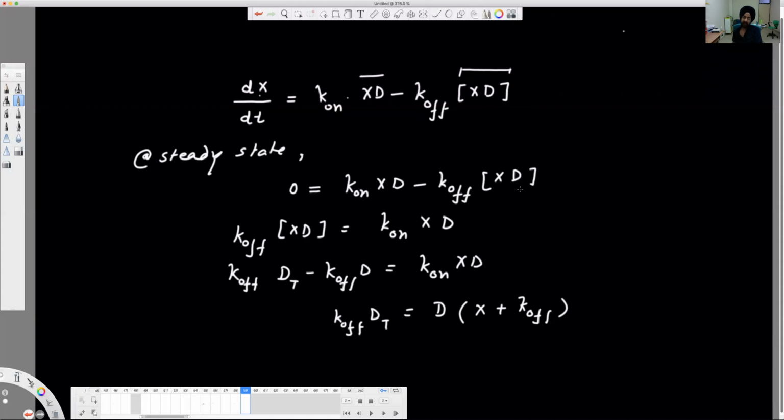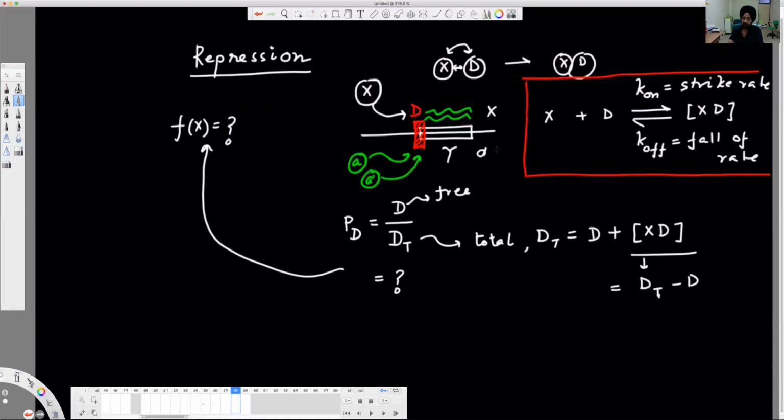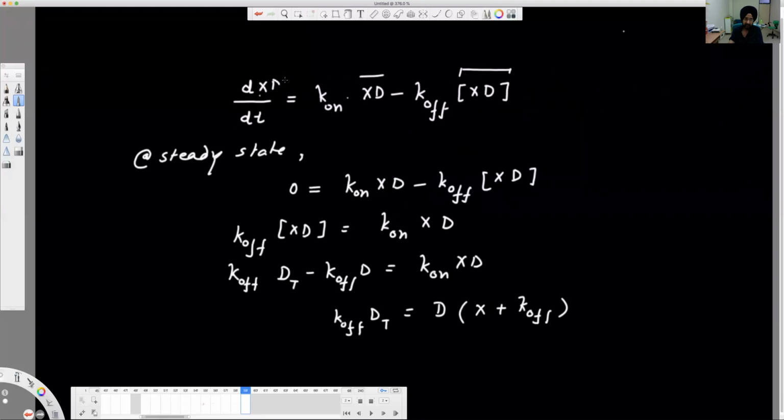No, the previous question that you wrote, won't it be dx by dt? Oh, okay. So I think she wrote something, but I don't know what it means. However, at the same time, I recognize that we are looking at the change in y, right? We are looking at dy by dt, right? Which is nothing but, if we look at the complex formation, we could write it as the change in xd. Okay, so that's what it is. The change in the product that we are looking at.